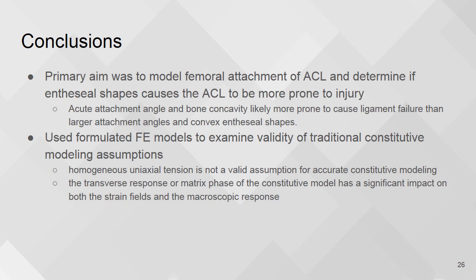A secondary goal of the study was to use the formulated models to test the validity of the traditional constitutive modeling assumptions. The study found that the common assumption of homogeneous uniaxial tension is not valid, and that the transverse mechanical response of the constitutive model has a significant impact on the strain and macroscopic response and cannot be neglected in future models.